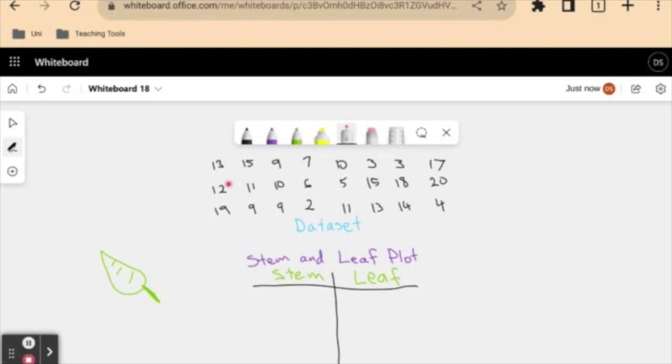Now, when we actually try to plot this data, our stem is going to be our tens column. We have numbers that stretch from as low as 2 all the way up to 20. With our number 2, for example, we like to plot from lowest to highest.